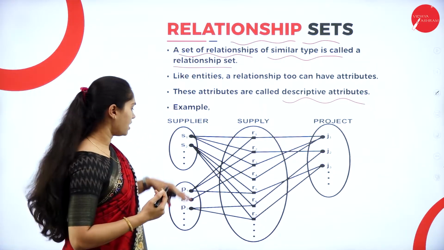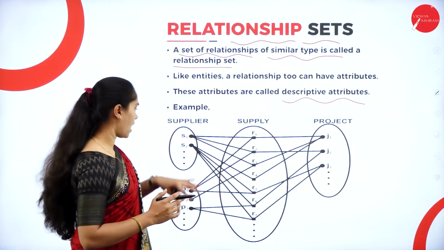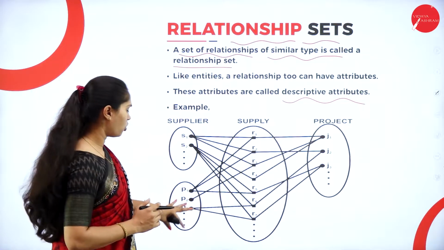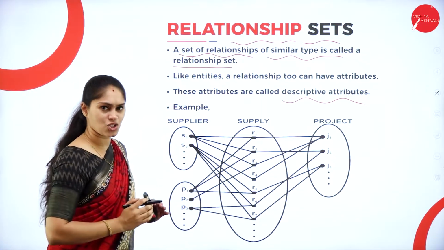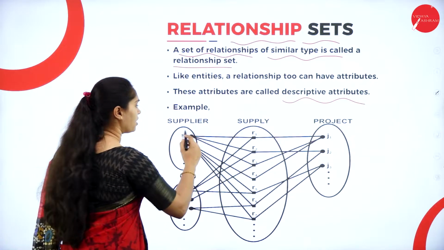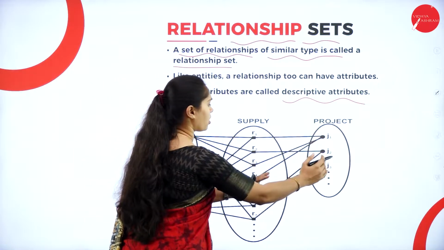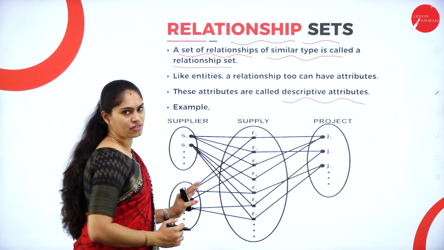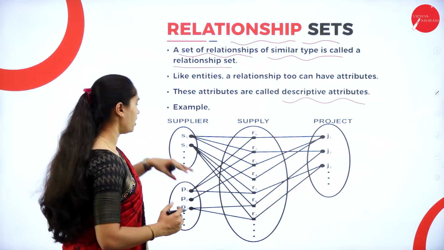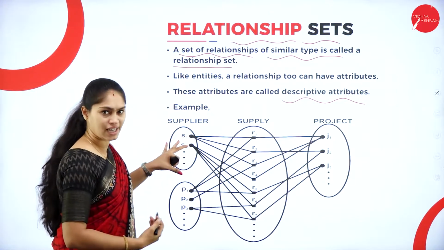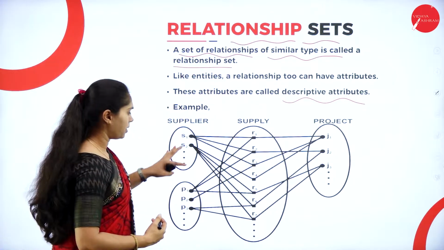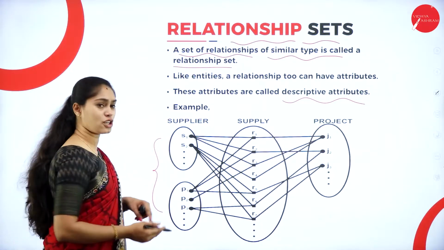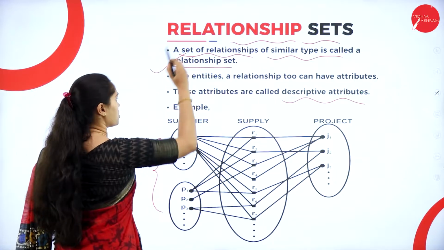So here you can see a relationship set. I have a supplier and also I have a project here. These two are going to have different relationships. This supplier is going to supply the content to the project, and also this project is going to get the supply from the supplier. These are the different relationships, and if they are of a similar type, then I can call that collection of relationships, or a set of relationships, a relationship set.